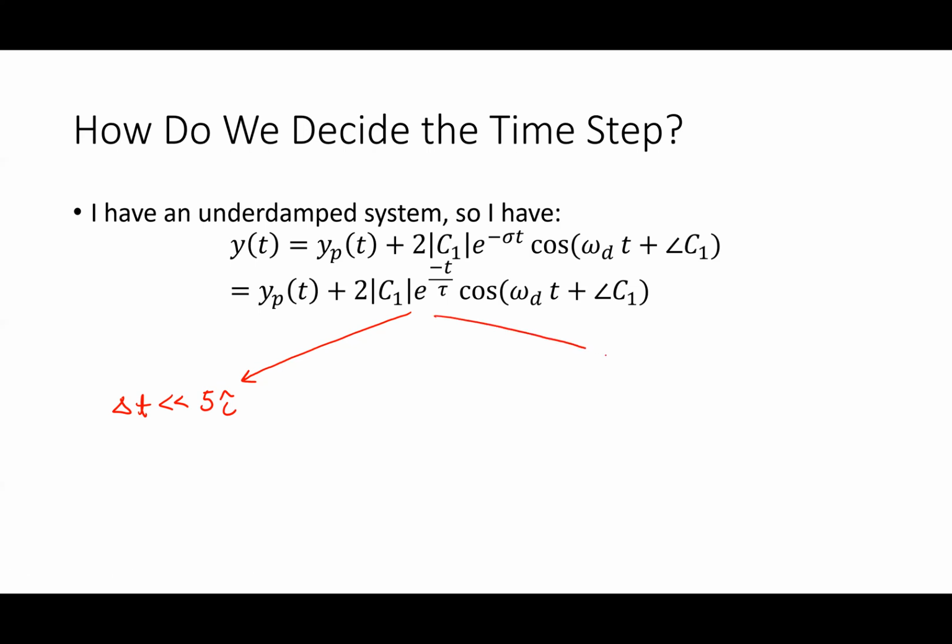The other possibility is that I want my delta t to be much, much less than a period, which is 2 pi over omega d. Now, the annoying part: I said I had a piece of paper, and the piece of paper had those numbers on it, for this particular problem.